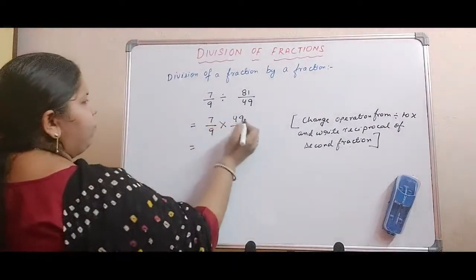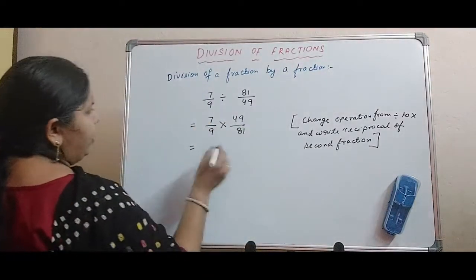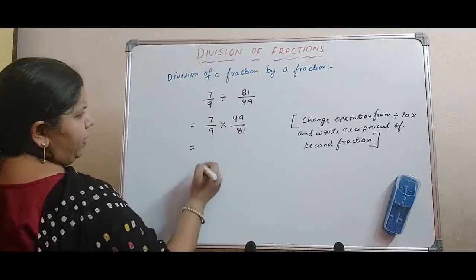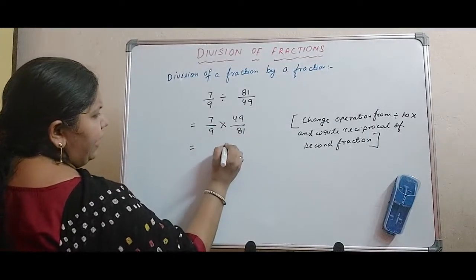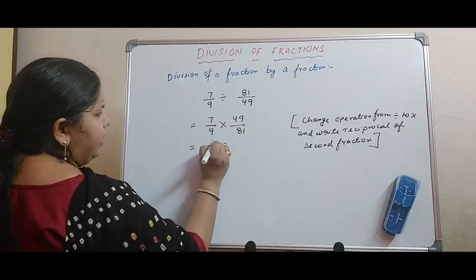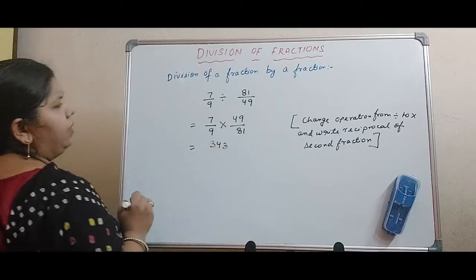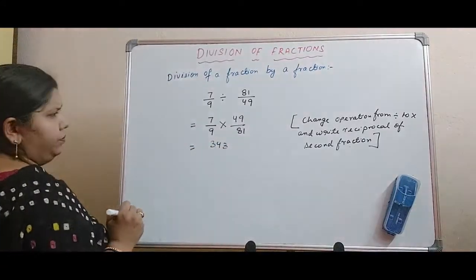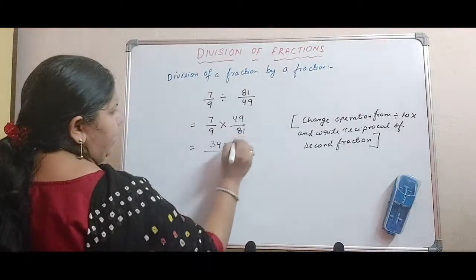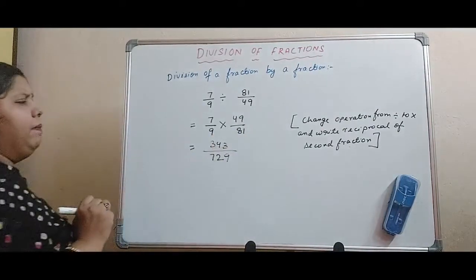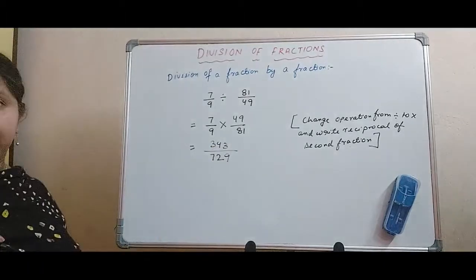So simply you have to multiply these two. Numerators multiply, denominators multiply. 7 9s are 63, carry 6. Then 7 4s are 28 plus 6, 34. So 343 by 9 ones are 9 and 9 eights are 72. So 343 by 729 is the answer.